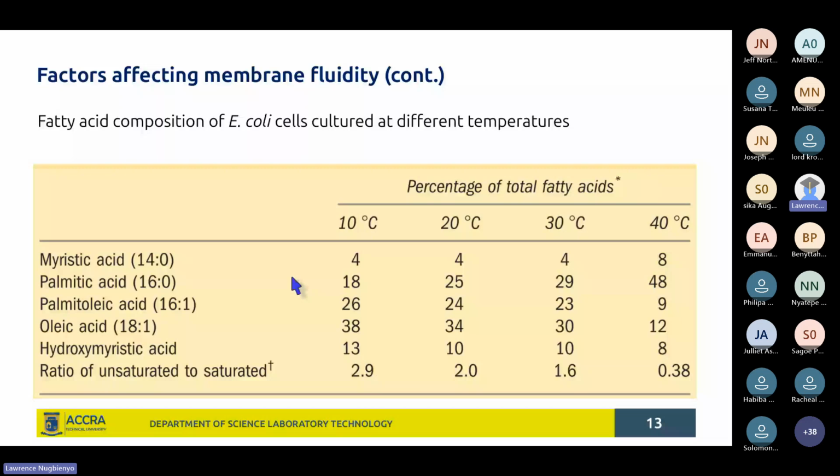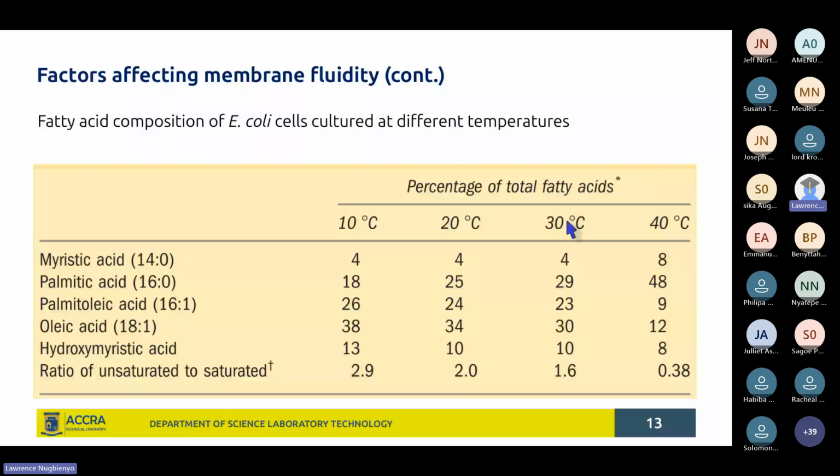In terms of what we've just looked at, looking at those factors that affect membrane fluidity. Now, this is some experimental work which had been done with the bacteria E. coli, which had been cultured at different temperatures: 10 degrees Celsius, 20 degrees Celsius, 30 degrees Celsius, and 40 degrees Celsius.